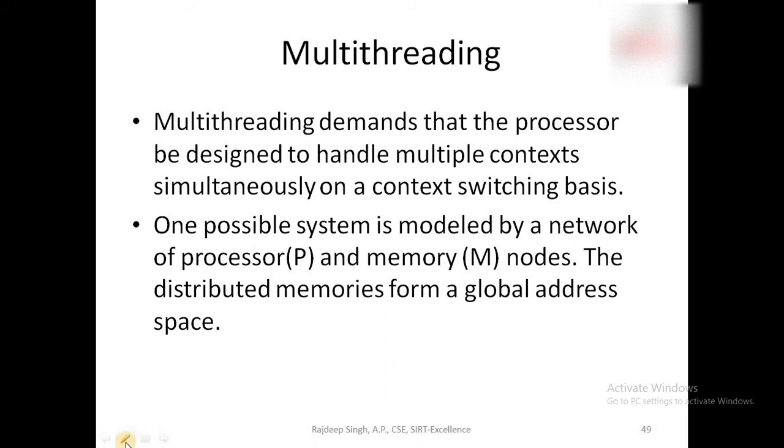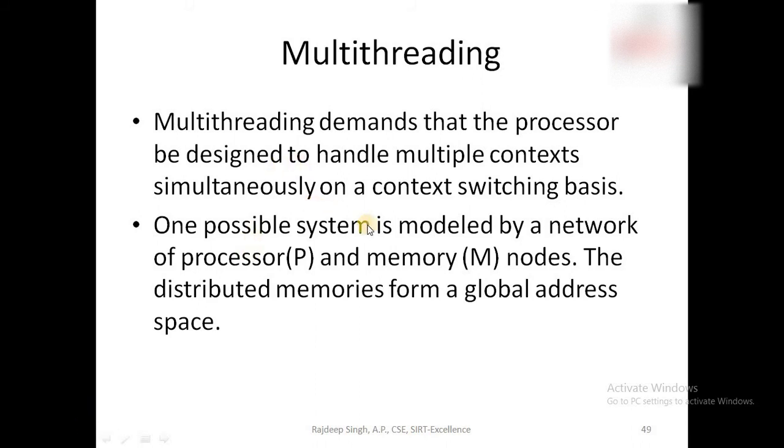Multi-threading is a process designed to handle multiple contexts of a program simultaneously on a context switching basis. It looks to us as if only one thread or one instance of the program is running, but there are multiple threads which give us the feel that they are executing simultaneously, but they are actually executed on a context switching basis.